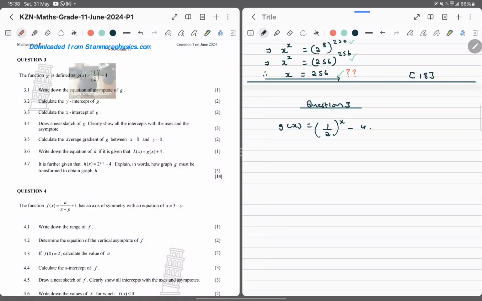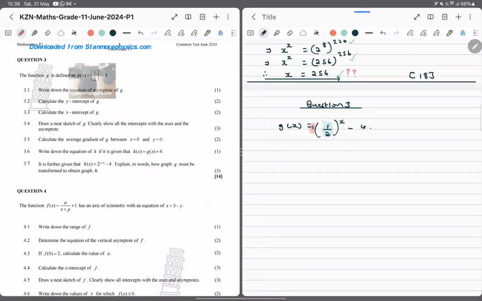Now folks, looking at this, what do we see? The base is a fraction, a proper fraction, and the coefficient of our power itself is an invisible 1. So this means our a is greater than 0. This means our graph is going to appear above our horizontal asymptote, right?